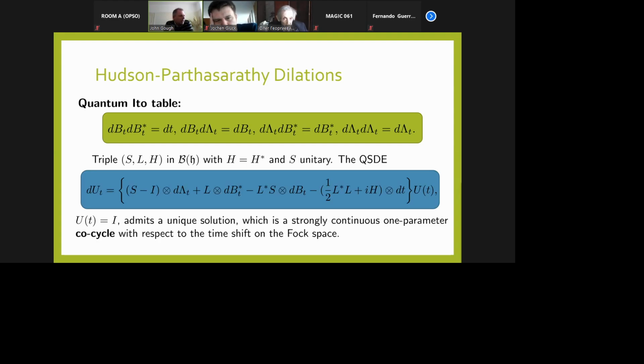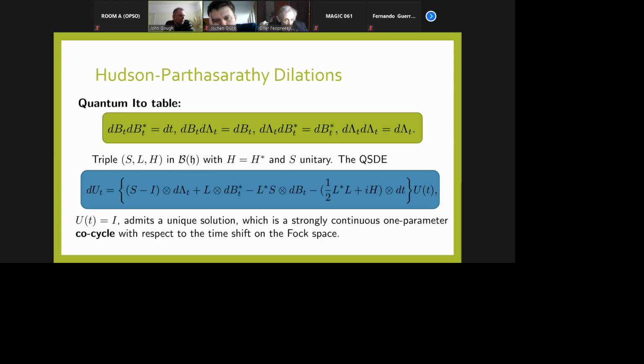So again, I'll just repeat the quantum Ito table. So you can develop an Ito-type theory of integration on Fock space. We have the creation, the annihilation, and the lambda process, which is sometimes referred to as the gauge process.